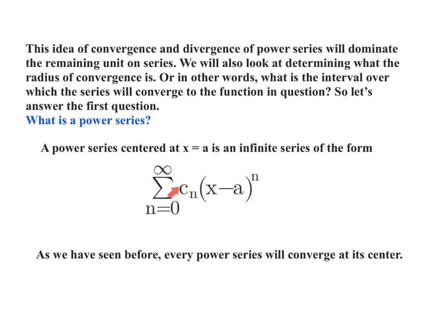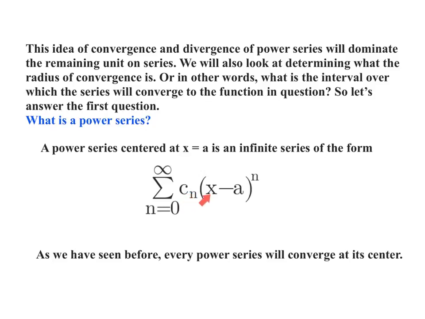C sub n simply represents whatever the coefficient is for our terms. This coefficient can take on a lot of different forms. Just know that it is dependent on the value of n.